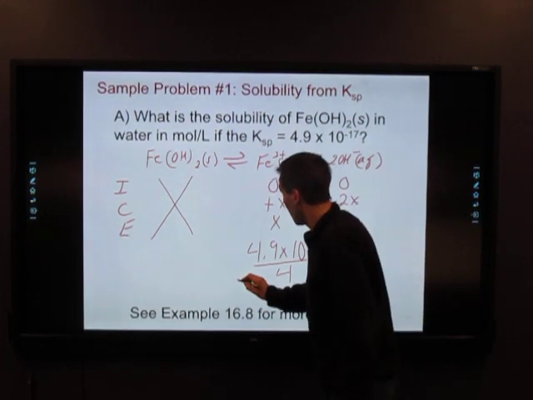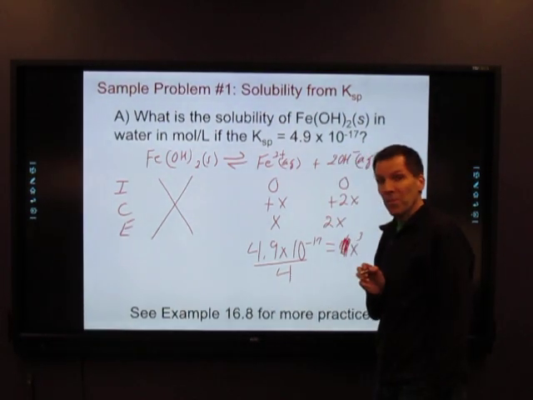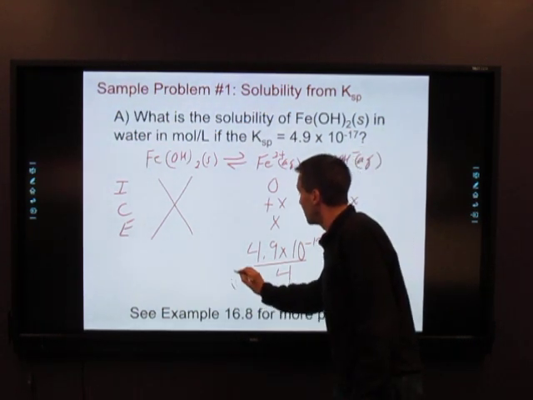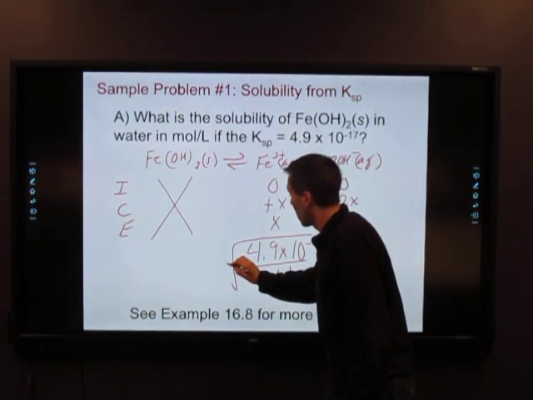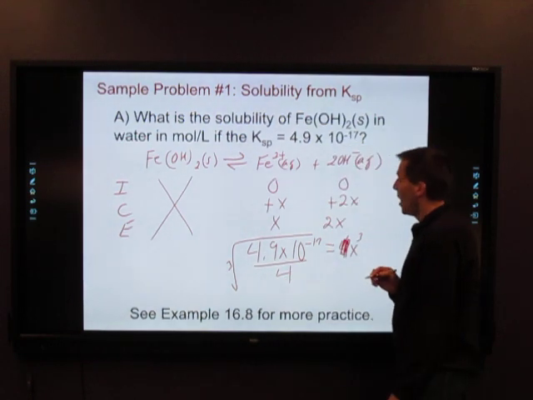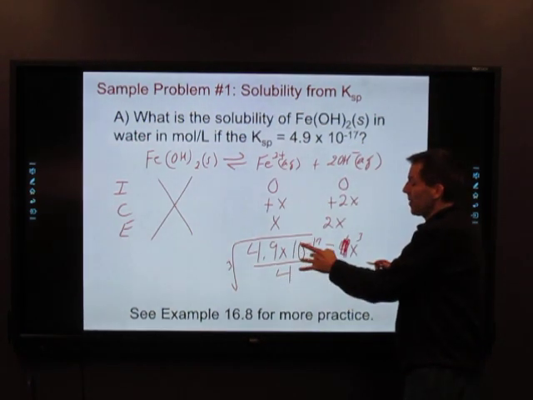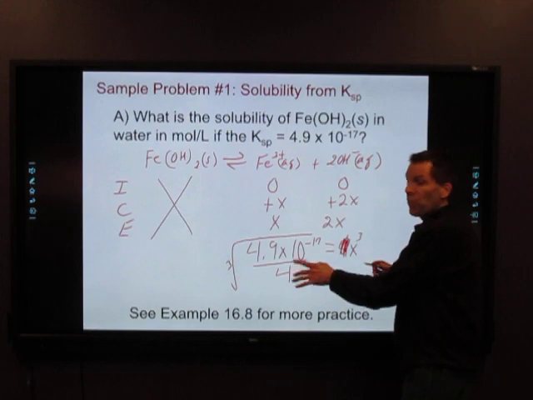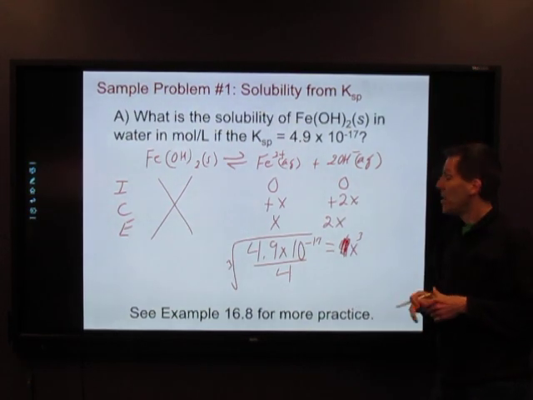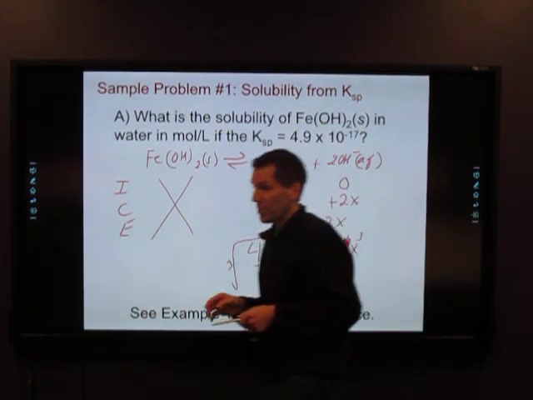And so on your calculator, you want to take the cube root of 4.9 times 10 to the negative 17 divided by 4. Make sure you divide it out first, and then you're going to solve for x.